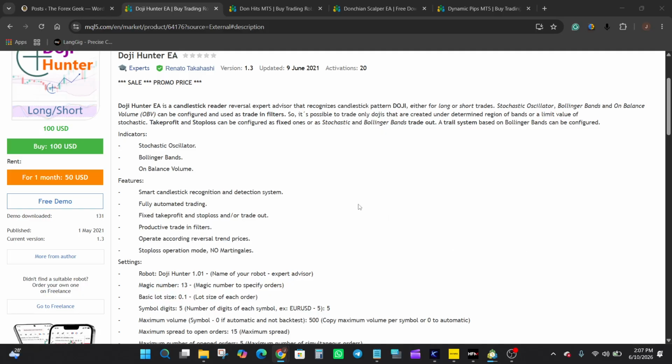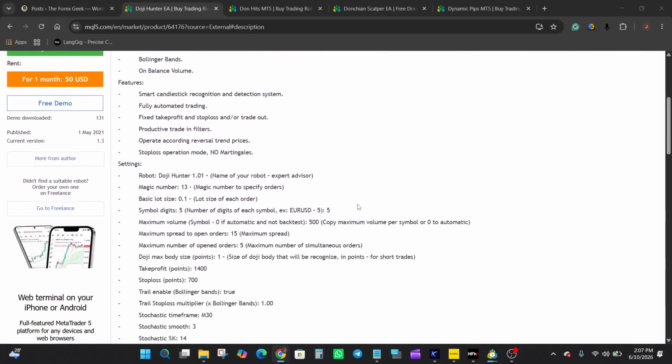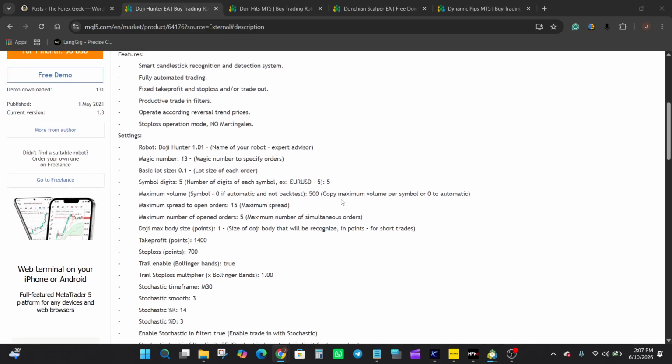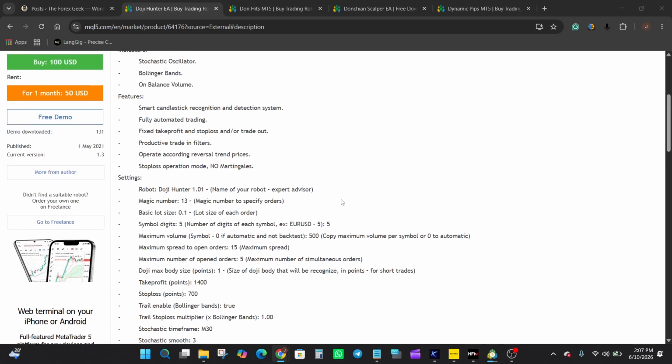Now, looking at the trade management section, the EA includes configurable take profit and stop loss settings, and it also supports a trailing system based on Bollinger Bands. This means trade exits can either be fixed or dynamically adjusted depending on market movements and volatility conditions.